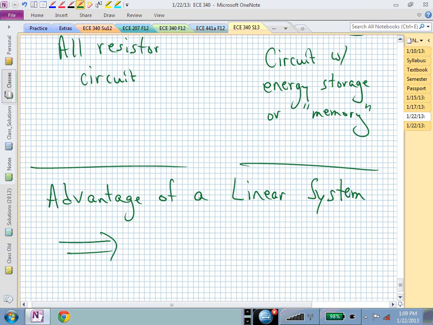So now we can apply one signal and we can apply a completely different signal, and now if we had the linear combination of those two inputs, the output is just the linear combination of those two outputs that were produced by those individual inputs. So superposition holds, and that allows us much easier analysis capabilities. That's the advantage of a linear system.